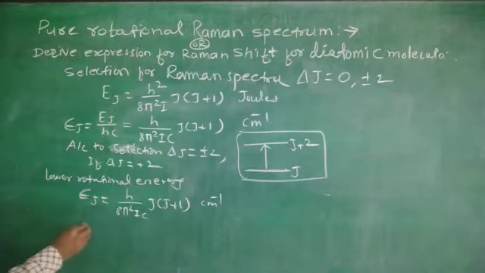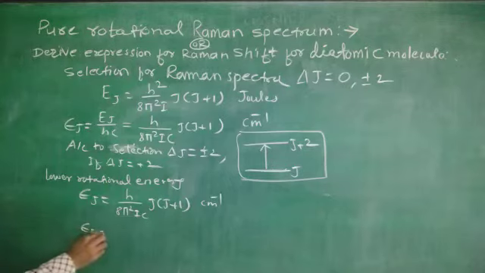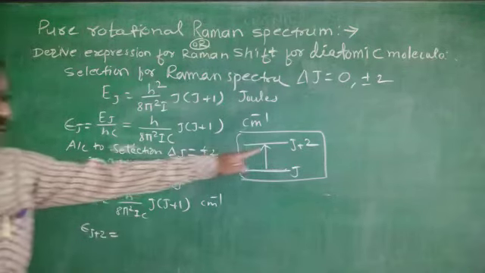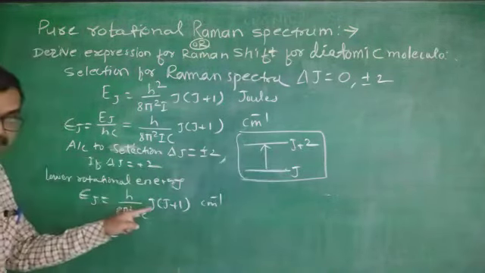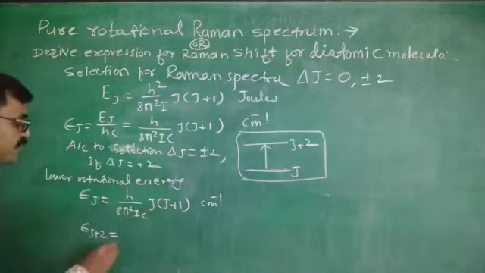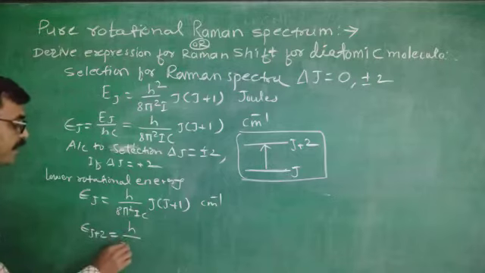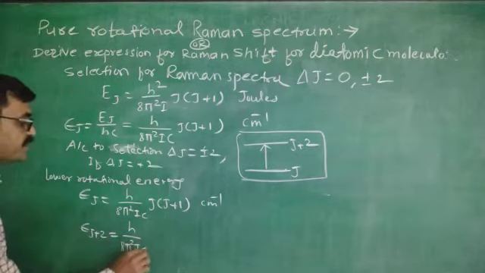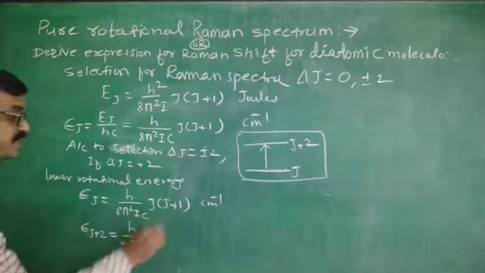Now what is the energy in the upper energy level? Epsilon J plus 2, means instead of J you have to put J plus 2. That is h upon 8 pi squared I c, what is the value of J? J plus 2.